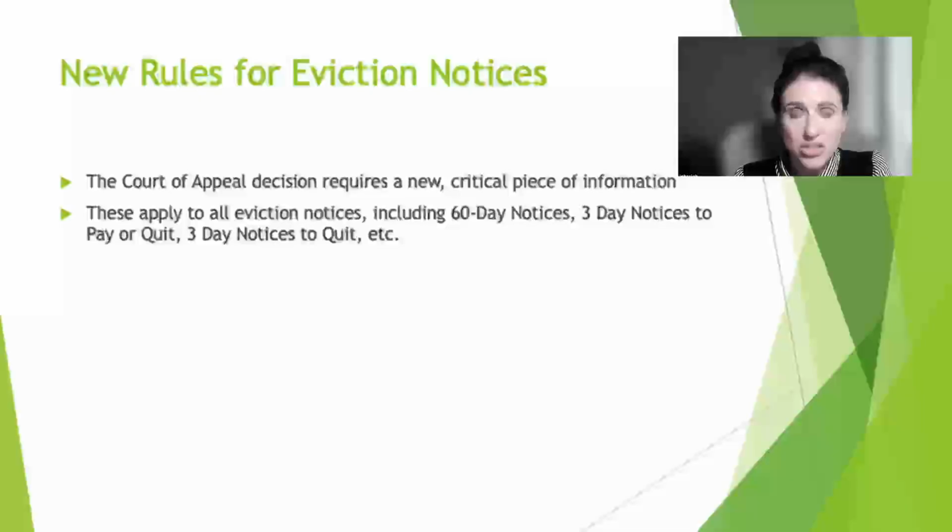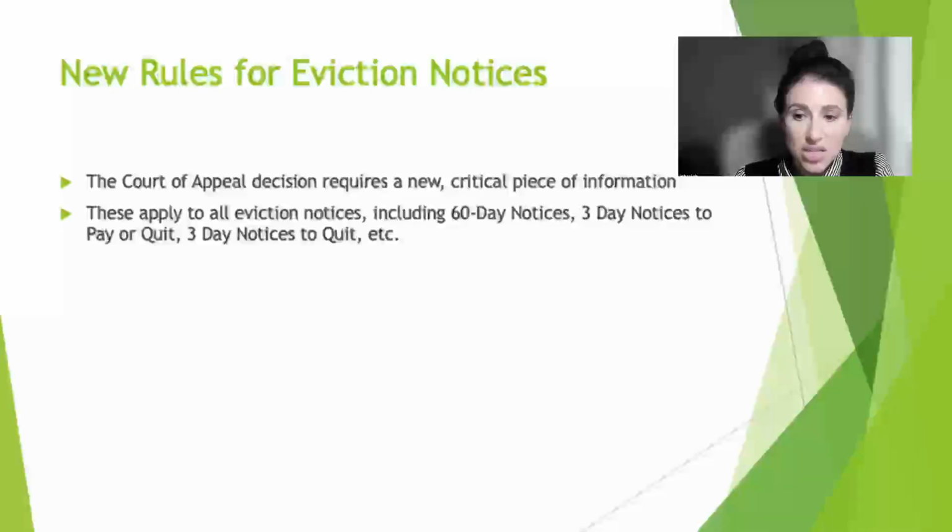So the court here is very concerned with a tenant reasonably being able to determine when the deadline is for the eviction notice. And the court is essentially saying that without the date that the notice is served being stated on the notice, it's very hard, if not impossible, for a tenant to determine when the eviction time period has lapsed.